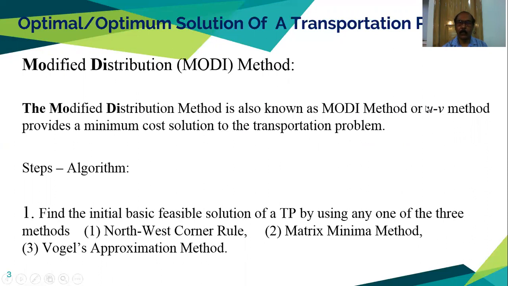With the help of the UV, we are testing the optimality and we are improving the initial basic feasible solution step by step, and finally we will get the optimum solution. The modified distribution method is also known as the MODI method or the UV method.